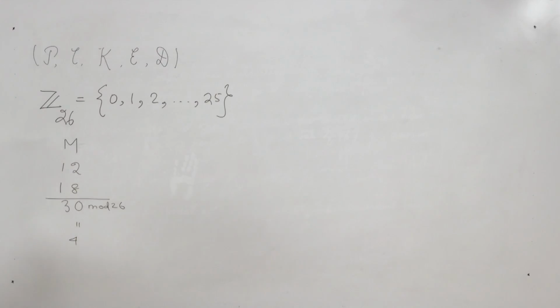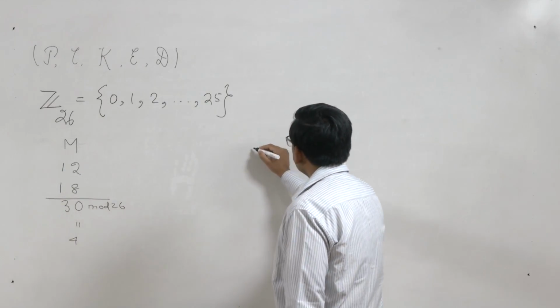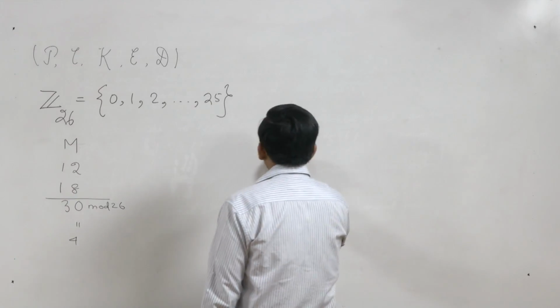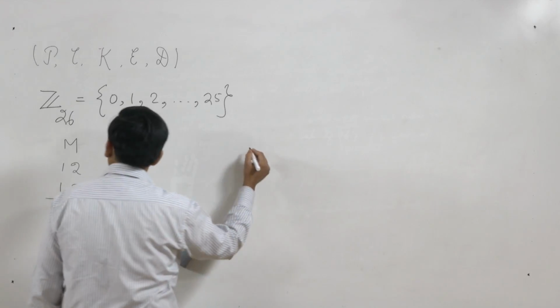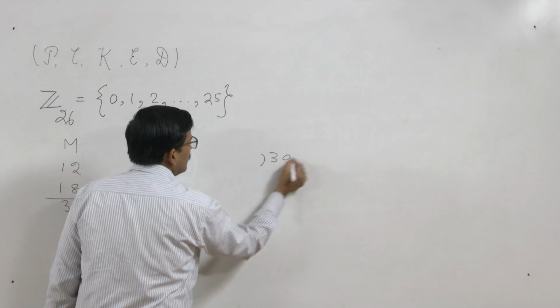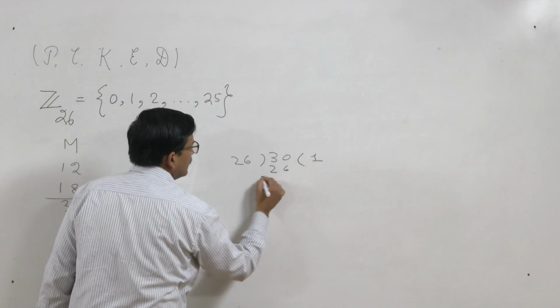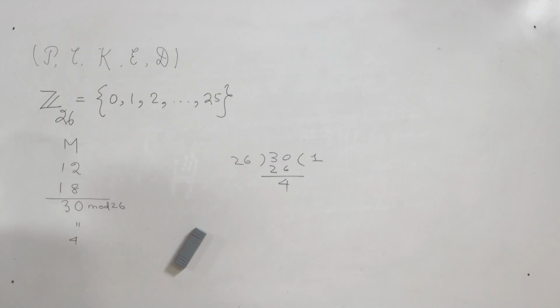The question is why? We can check this by doing usual division. So, here we have 30 divided by 26. 26 goes once, the remainder is 4. So, we write 4 over here.